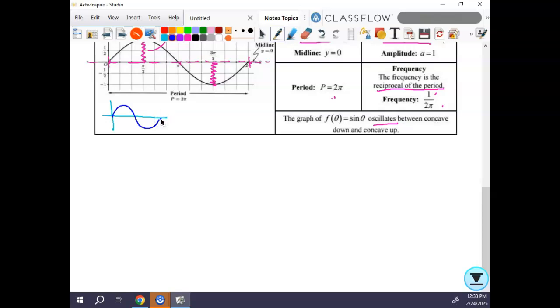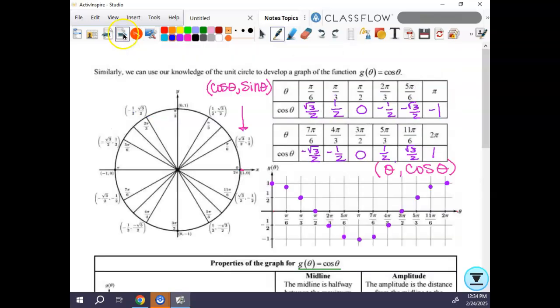For the parent function, this is 0, this is at 2 pi, but I can change the period, but no matter what, here's the beginning, here's the end, here's the middle. And then halfway between these 2 points will be a maximum, and halfway between these 2 points will be a minimum, or vice versa if they got reflected, but everything's half, half, half. So we're actually going to mark these on our little parent function to help us figure stuff out, right? Everybody good so far?